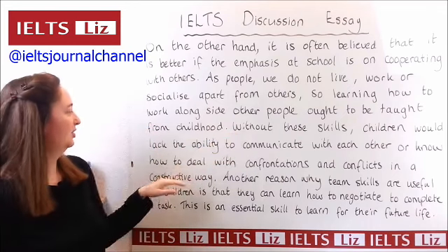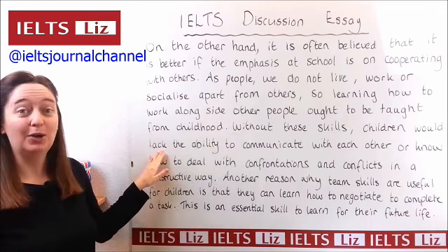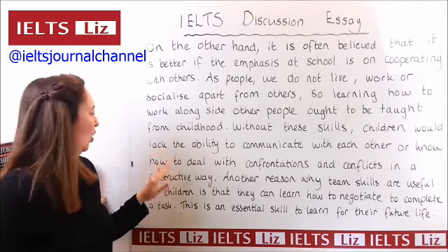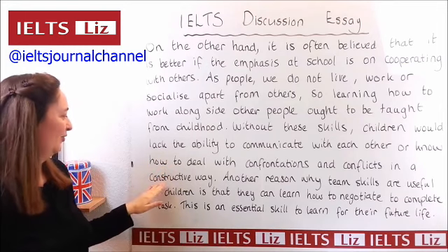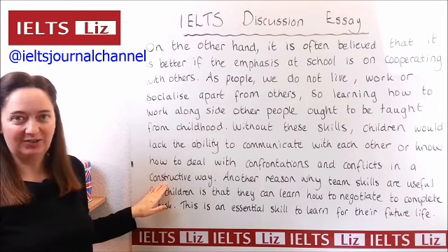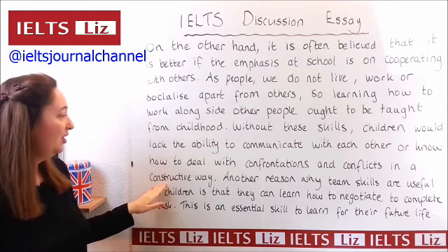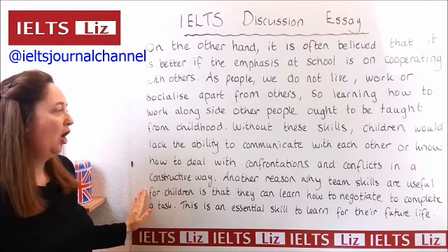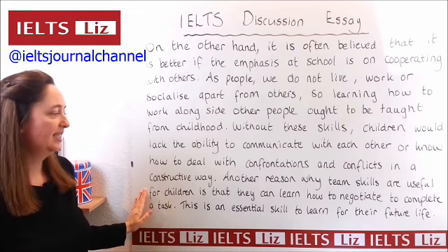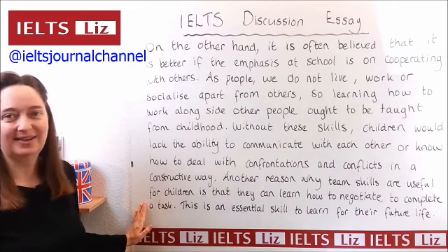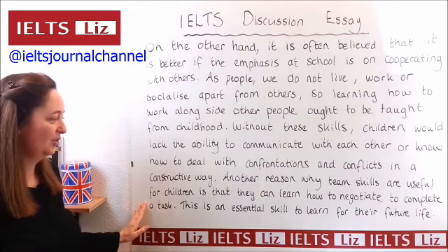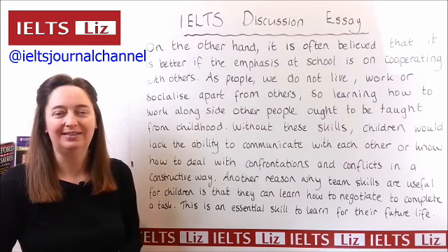Without these skills, children would lack the ability to communicate with each other or know how to deal with confrontations and conflicts in a constructive way. Another reason why team skills are useful for children is that they learn how to negotiate to complete a task. This is an essential skill to learn for their future life.